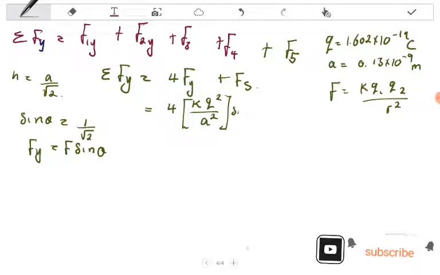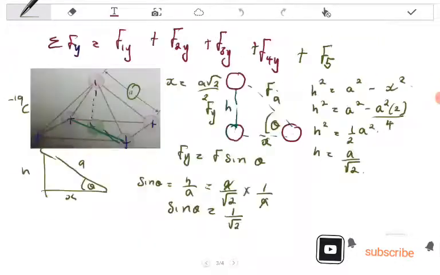We know that sine of theta is equal to this, so we multiply by 1 over the square root of 2, plus F5. This F5 doesn't have a y component; by itself it's already the y component, this one here. So that's just k Q1 Q2 divided by h squared.